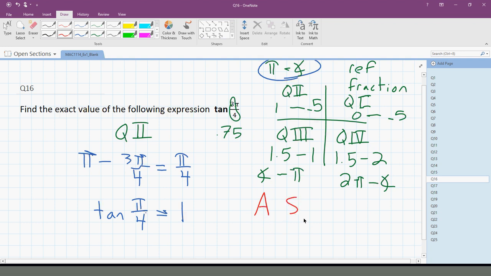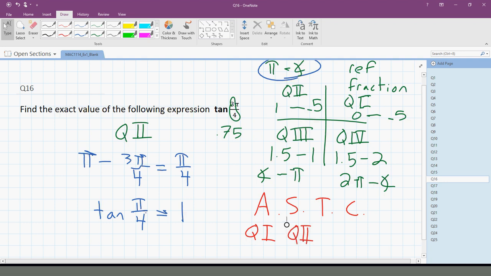All students take calculus. The A stands for quadrant 1. And it's the word all, because everybody in quadrant 1 is positive. The S is for when we're in quadrant 2. And the S is for the sine function and its reciprocal, which would be cosecant.